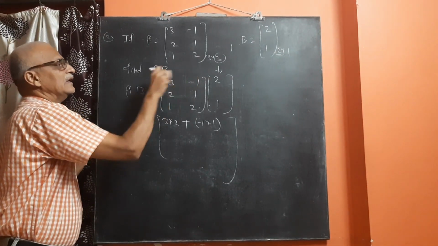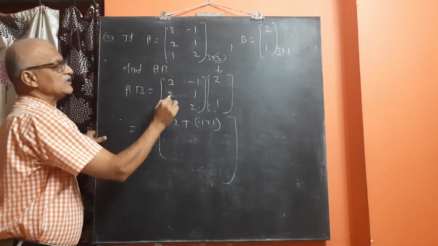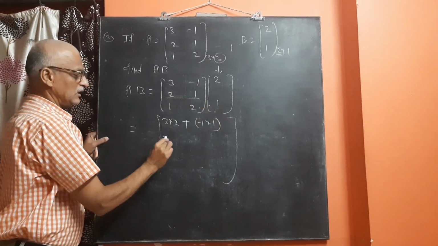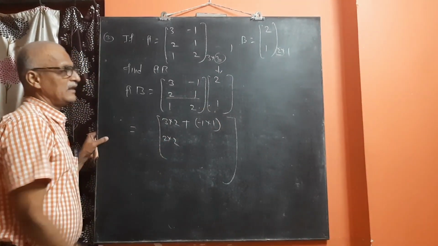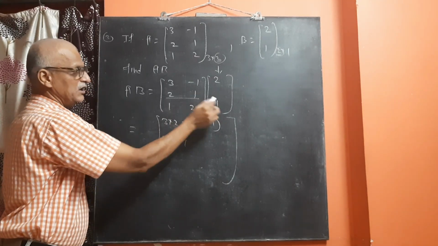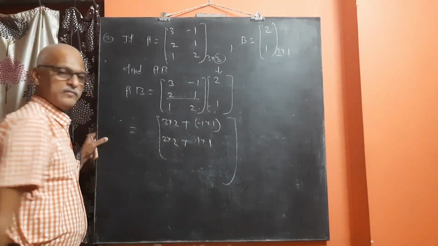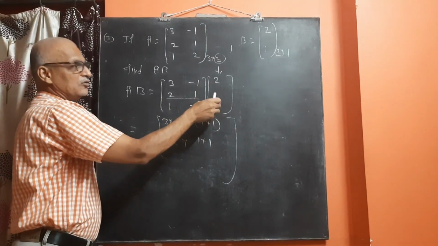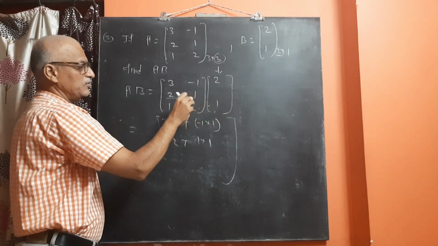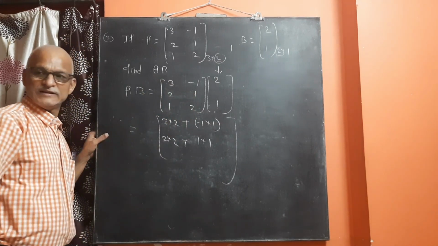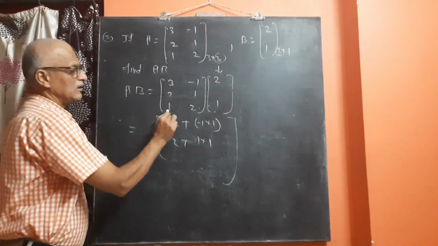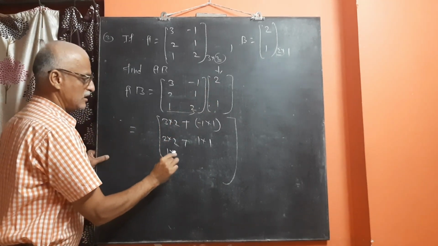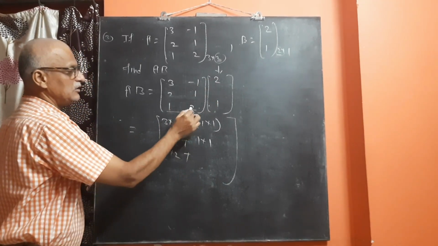Then second row, this row, and again this column. 2 into 2 plus 1 into 1. Again there is only one column, so the multiplication of second row also finishes. Then the third row, this one, 1 into 2 plus 2 into 1.